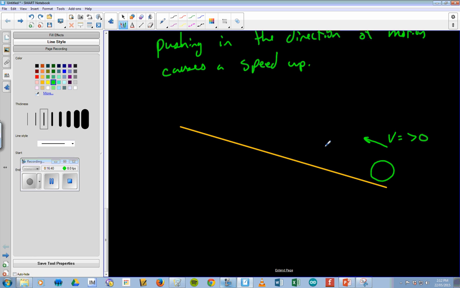Okay, what will happen is the ball will move up, but because it's going up a ramp, what you'll find is it's going to slow down, and eventually, if the ramp's long enough, its velocity will come to a value of 0. Are you with me? In this case, we have a negative velocity, the object's moving to the left, but the push on the object is to the right.